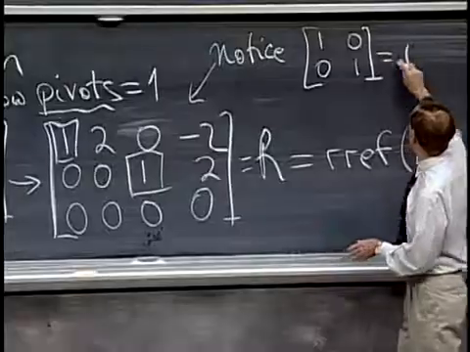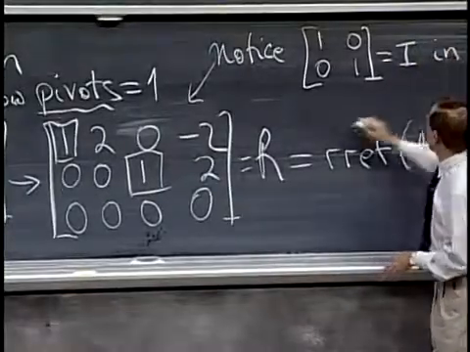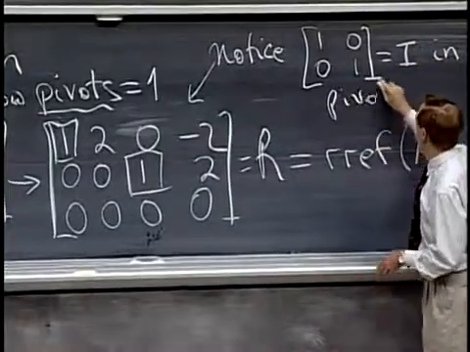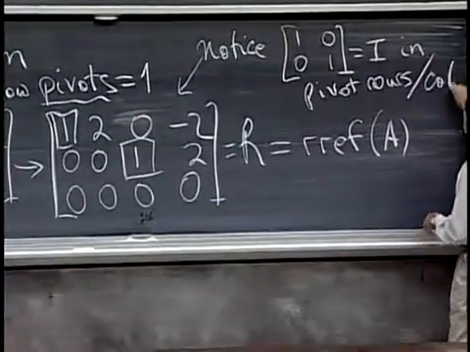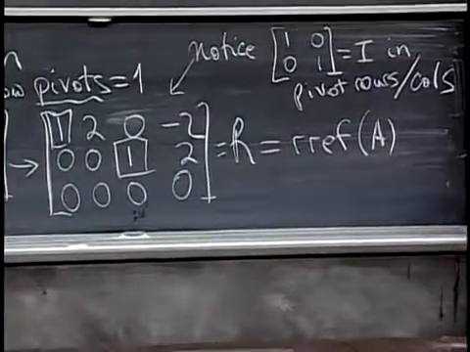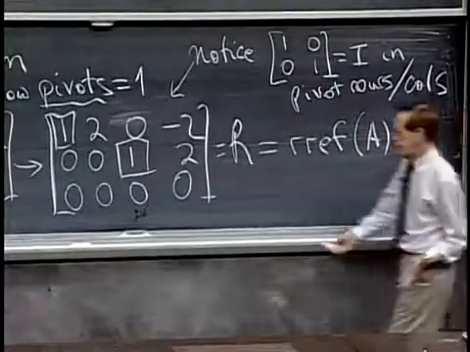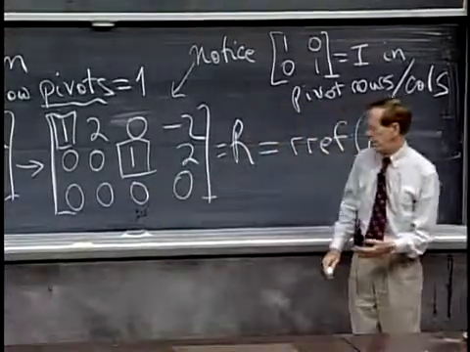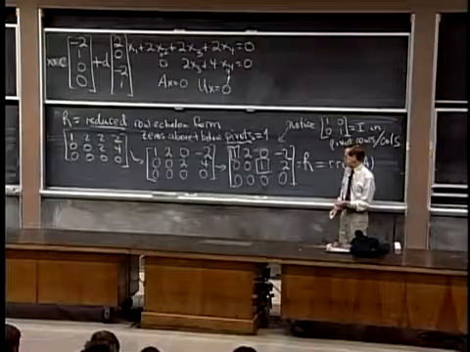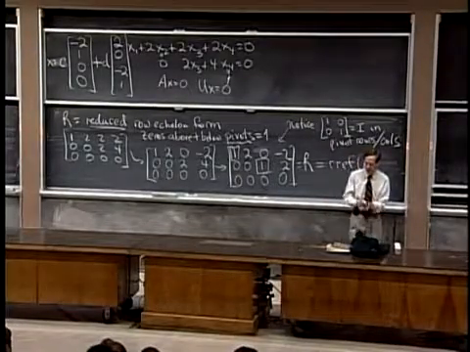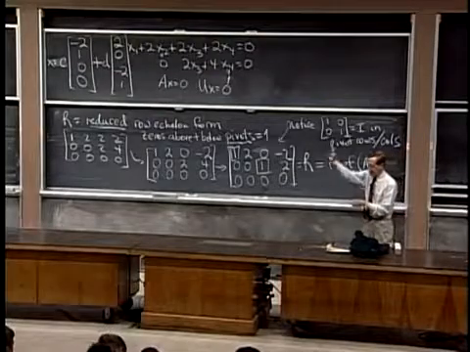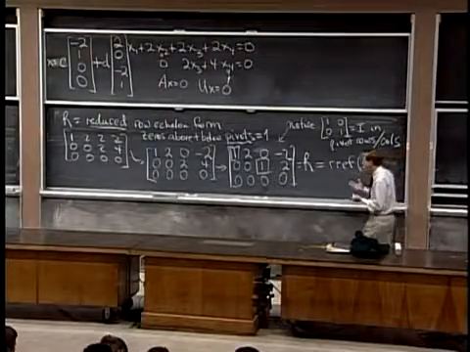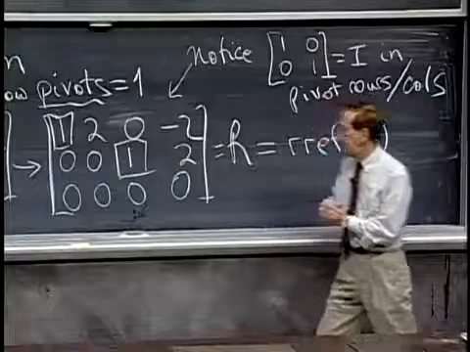It's got 0 rows below. Those are always indicating that original rows were combinations of other rows. So we really only had 2 rows there.